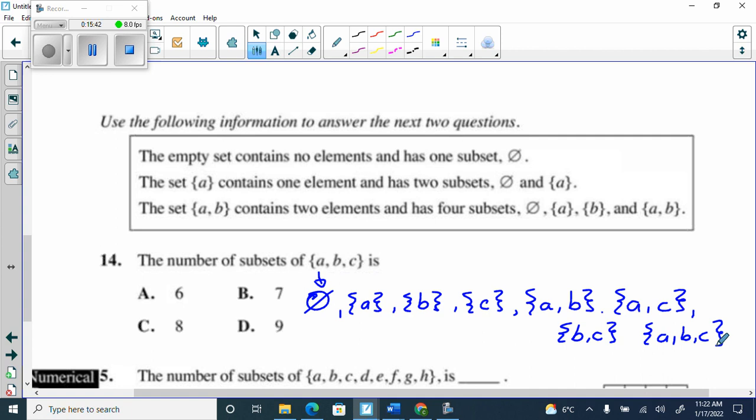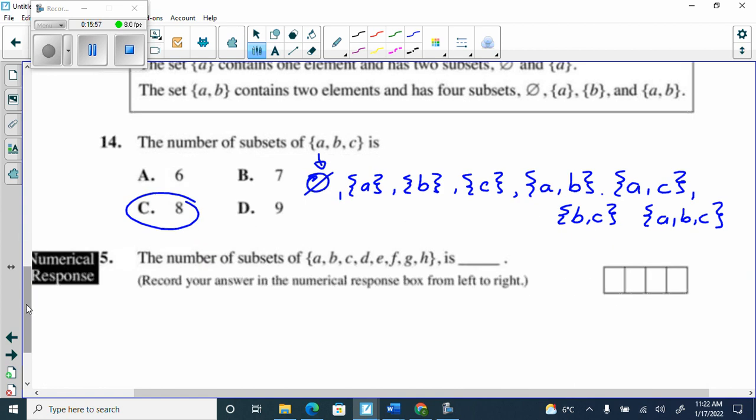So we could have 1, 2, 3, 4, 5, 6, 7, 8. You're literally just timesing the previous amount of subsets by 2. 1 times 2, 2 times 2, 4, 4 times 2 is 8.